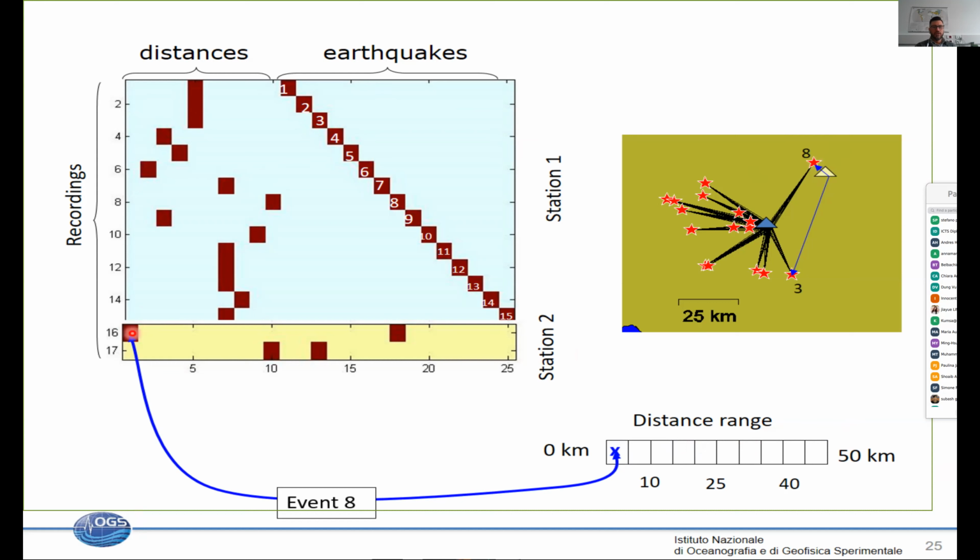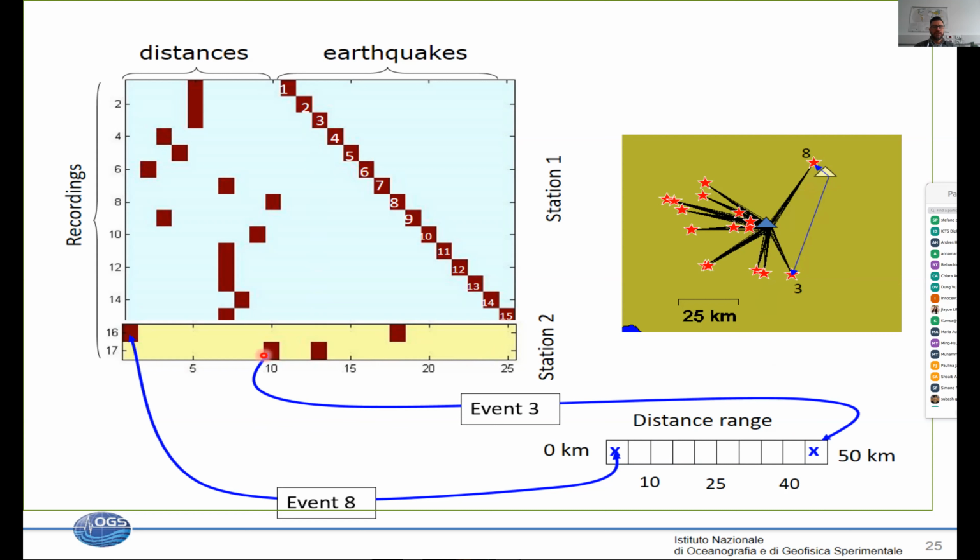If this station is then recording event number 3, which is much farther away, at a distance of 46 kilometers, this is always the second station. You see, this is the column for event number 3.